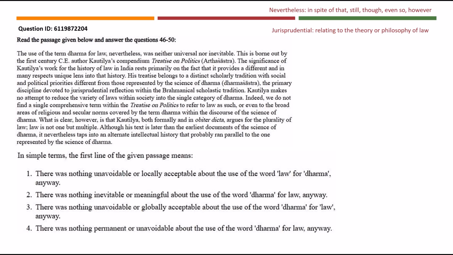What is clear, however, is that Kautilya, both formally and in obiter dicta, it means it's a Latin term stating things said by the way, so both formally or as we say, argues for the plurality of law. Law is not one but multiple.